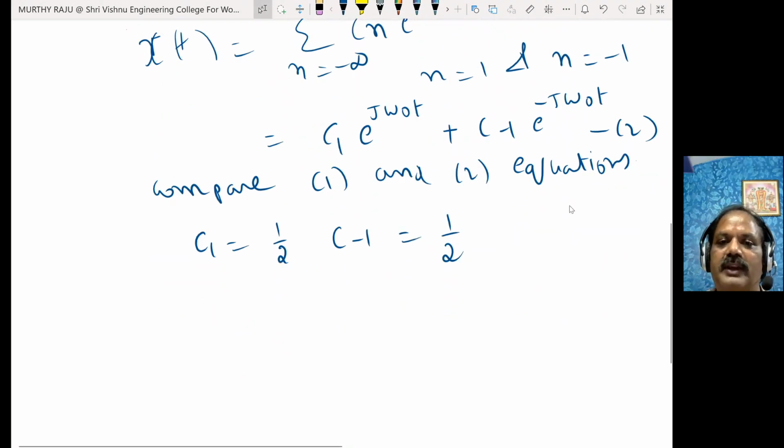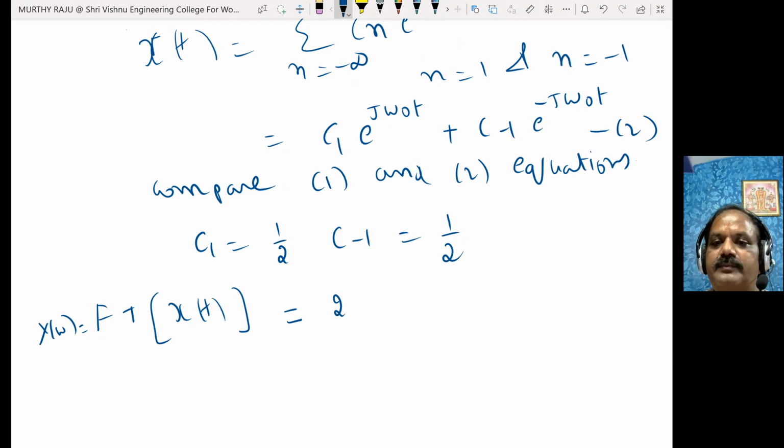Next one, Fourier transform of periodic signal x of t, that is X of omega, is equal to 2 pi sigma n is equal to minus infinity to plus infinity Cn delta of omega minus n omega naught.